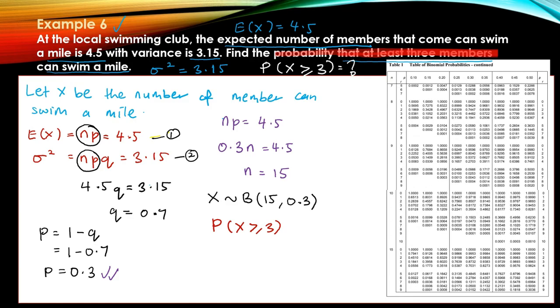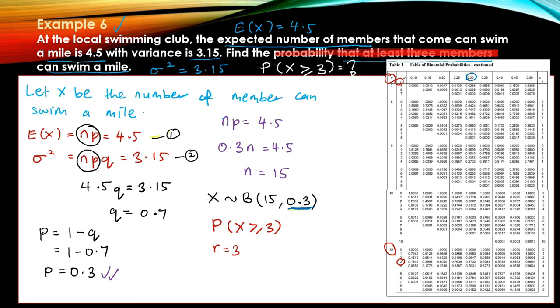So this will be our table. First of all, you need to know your n. So here is your n. n is equal to 15, right? And then your r. Your r is equal to 3. So please look at your r. Okay, and this is 3. The next one, you need to refer to your p. Since our p here is 0.3, from the table here, 0.3 is here.